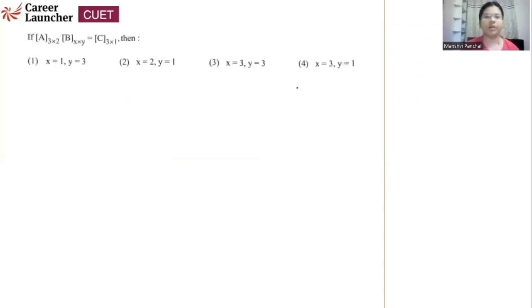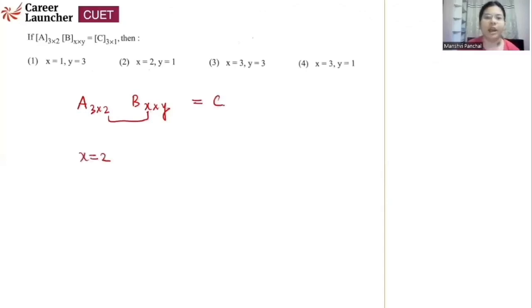Now we have question number 12. If A is 3 by 2, B is x by y, and C is 3 by 1, then. This is a simple question of the order that we see while multiplying matrices. If A is 3 cross 2 and B is x cross y, then the first condition for them to be multiplied is that the number of columns of A should be equal to the number of rows of B. From this, x should be equal to 2, right?